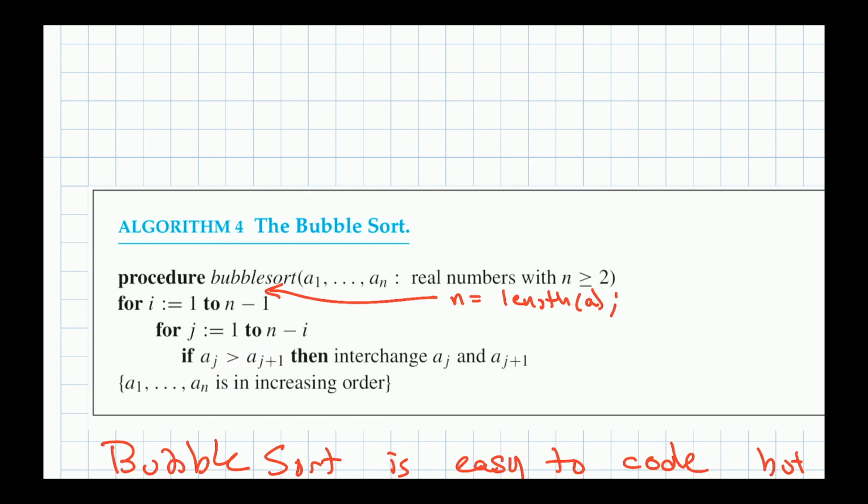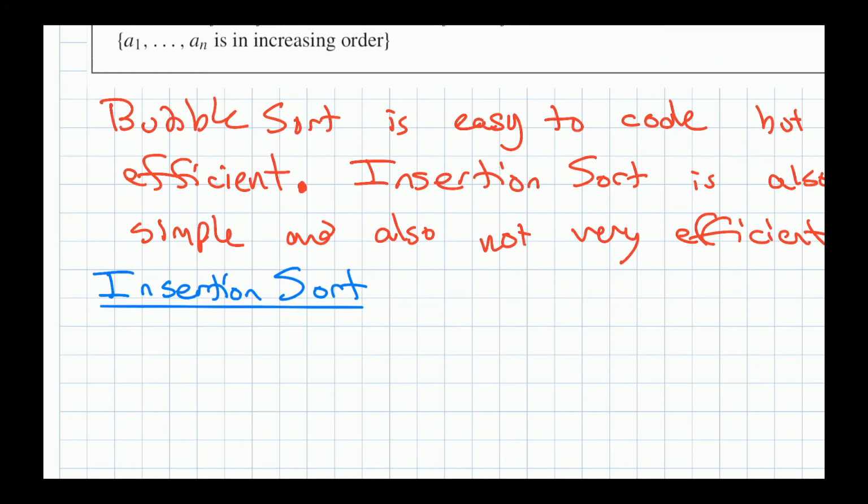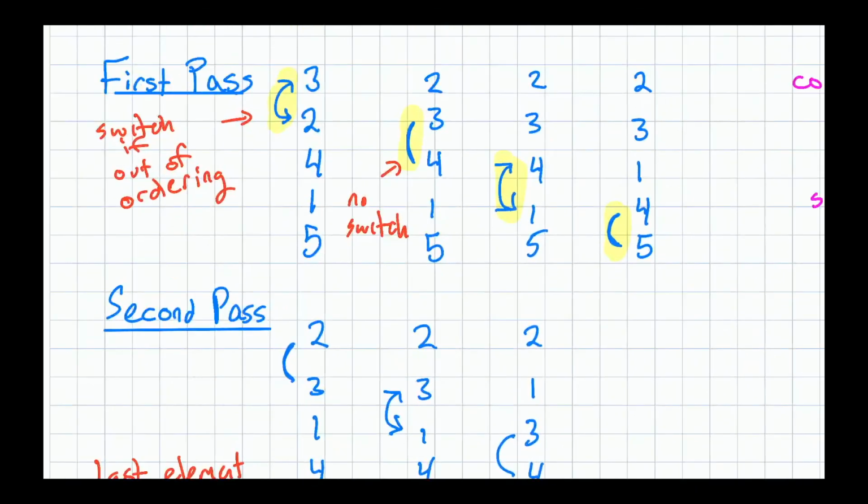So insertion sort is very similar to bubble sort, but the things that you're comparing are not right next to each other anymore. What insertion sort is like, if I draw on this, is instead of comparing the way these highlighted comparisons are, what if you compared two that were right next to each other, and then you compared the first one with the third one, and then the first one with the fourth one, and then the first one with the fifth one, right?